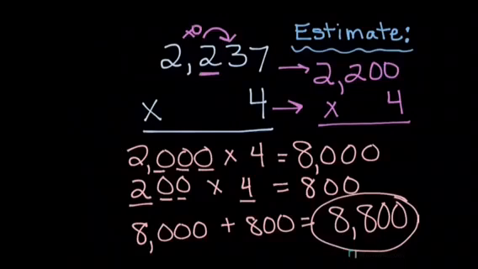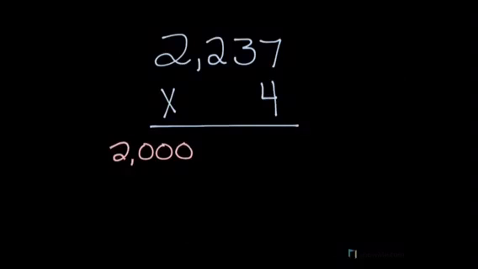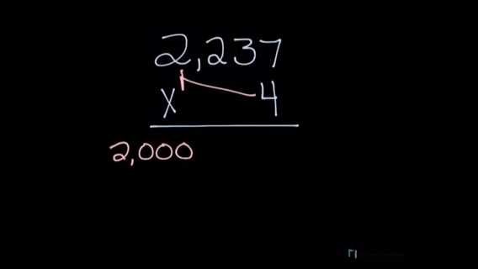Now that I have my estimate, I'm going to find my actual answer. I'm going to use expanded notation, so I'm breaking it apart by place value. Here I have 2,000 times 4.